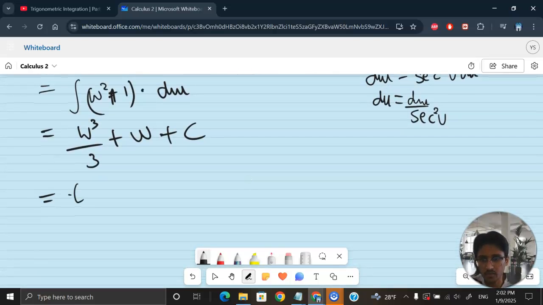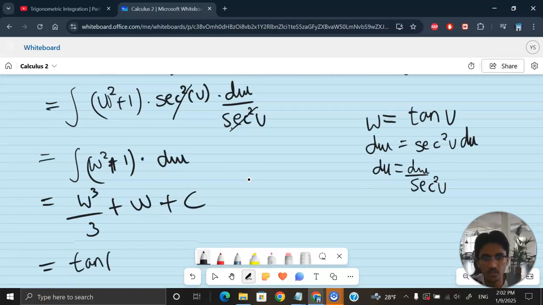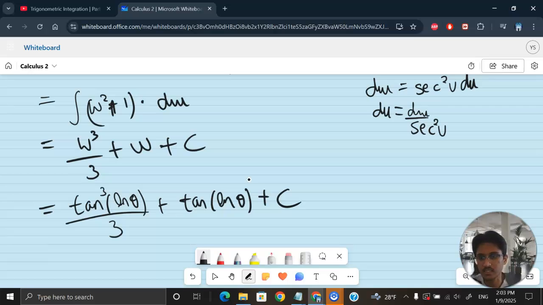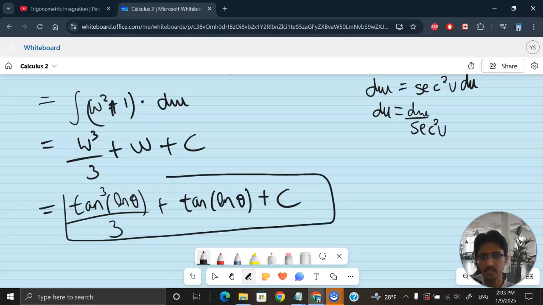What was u? u was natural log of theta. So we get tangent of natural log of theta, cubed, over 3 plus tangent of natural log of theta plus c. Okay guys, so that is our final answer.